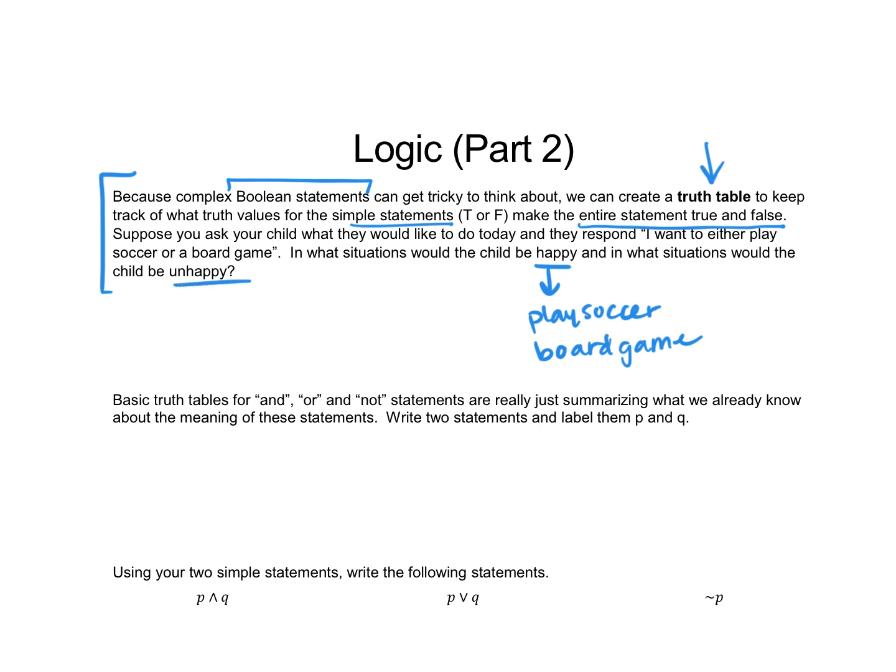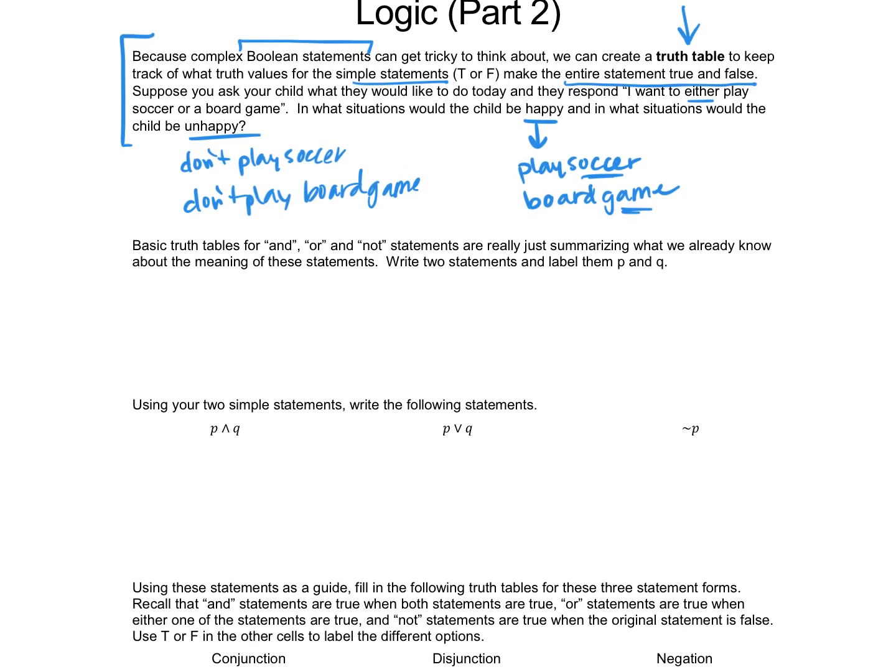And they're going to be unhappy if they don't play soccer, or they don't play a board game. So it seems like as long as they either do the soccer or do the board game, then they are going to be happy.